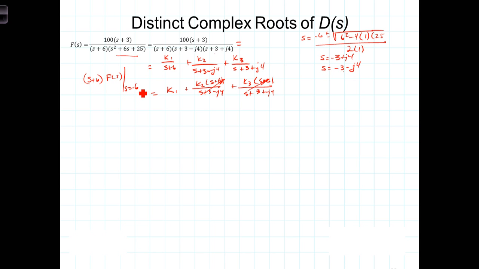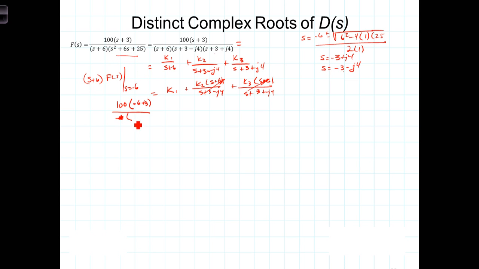We have then 100 times negative 6 plus 3, divided by negative 6. We've multiplied both sides by that, so that cancels that term there.